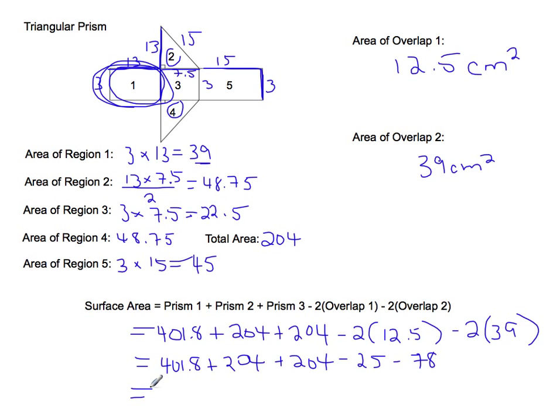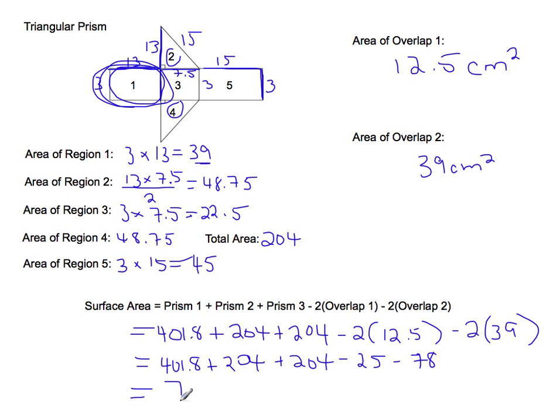And now we can actually do our calculations. So 401.8 plus 204 plus 204 minus 25 minus 78.